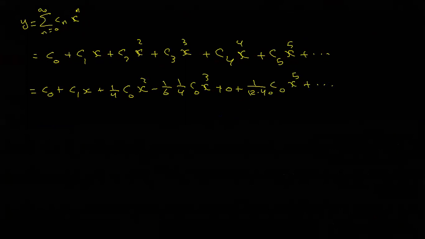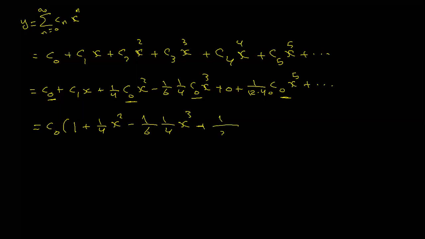And so on. Now, notice this is C0, C0, C0. I'm going to take C0 as a common factor. So C0 times (1 plus 1 over 4 x squared minus 1 over 6 times 1 over 4 x to the power 3 plus 1 over 12 times 40 x to the power 5 and so on). Don't forget this term plus C1x.